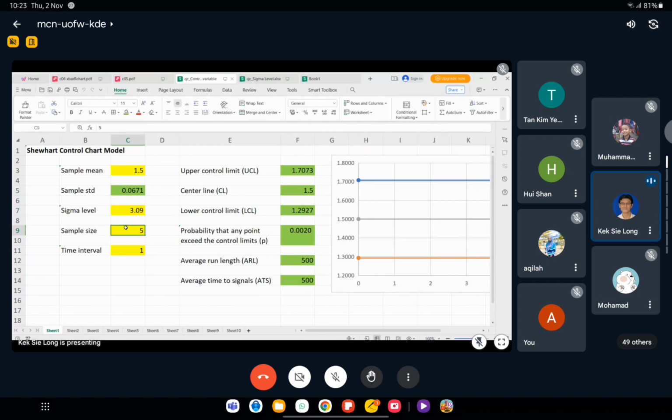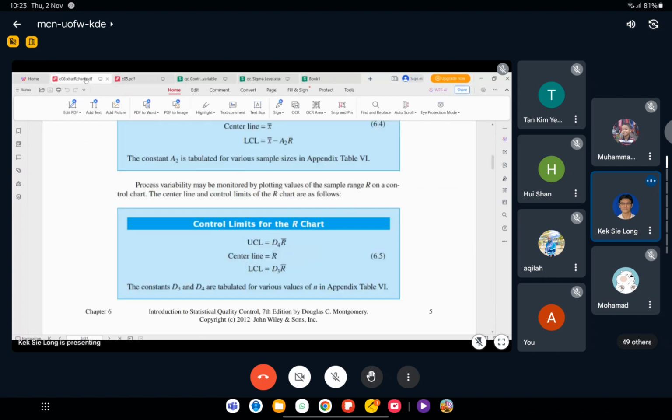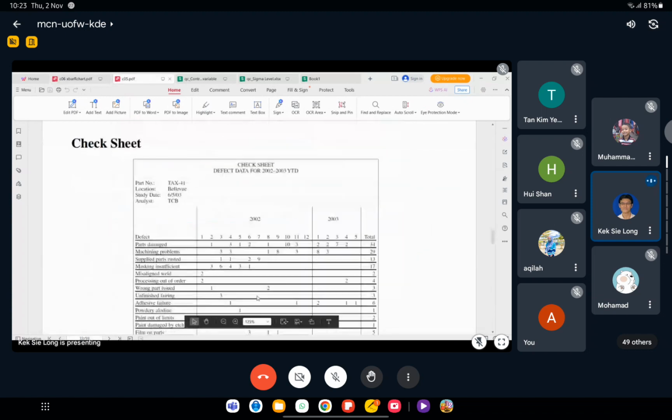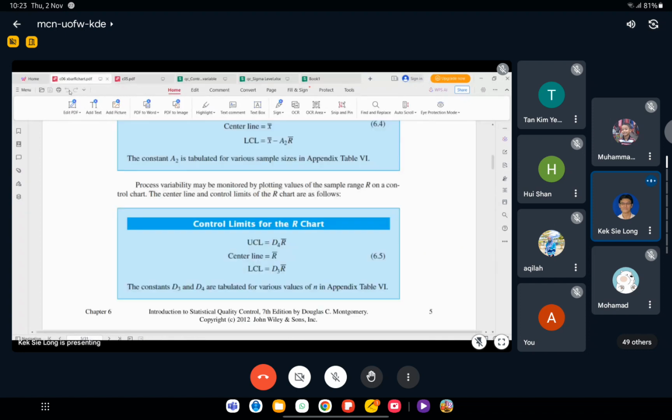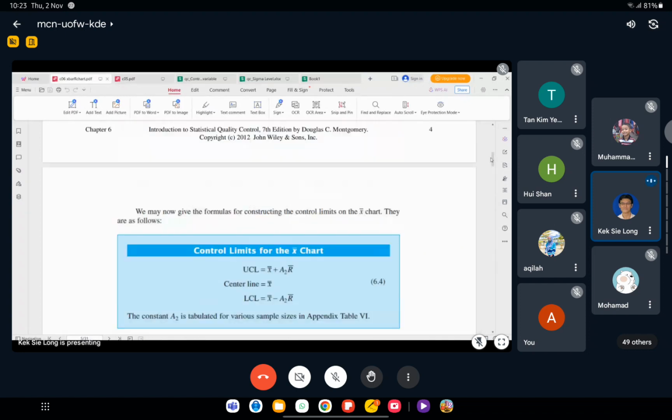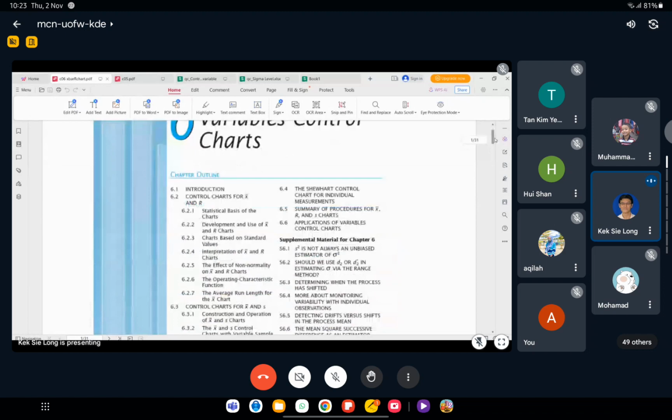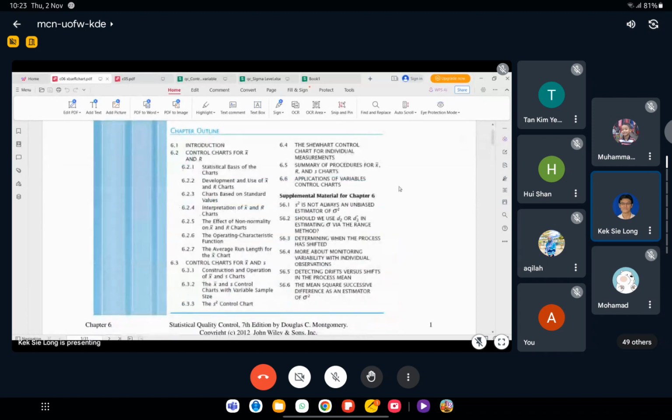How to know the sample size and time interval? Sample mean? Yeah, we do some revision. Okay, so this one we have completed. We discussed it yesterday. So for today's discussion, actually I want to show you how to calculate the sample mean.